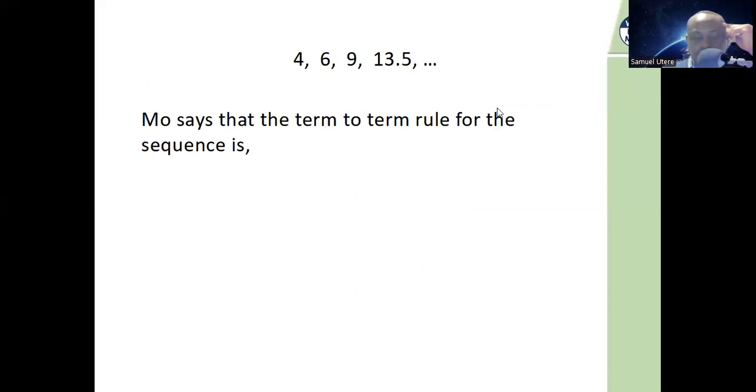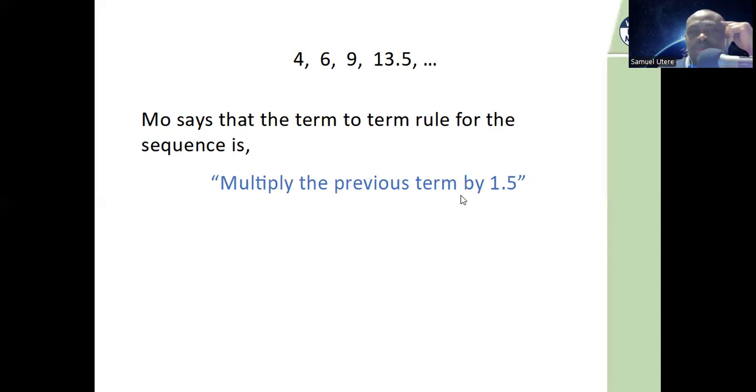Here is this sequence: 4, 6, 9, 13.5. Mo says that the term to term rule for the sequence is to multiply by 1.5 every time. So we're multiplying the previous term by 1.5. I'm sure the way he found that was to divide 6 by 4.